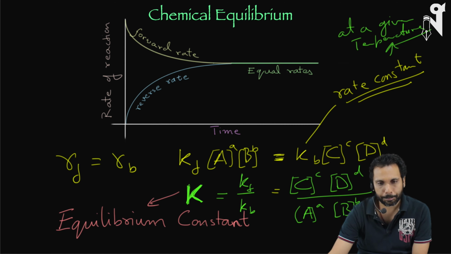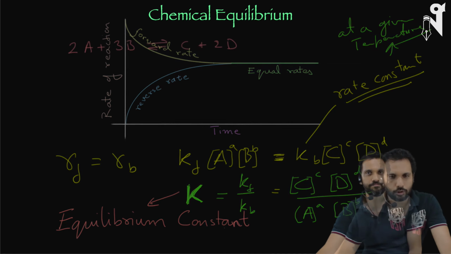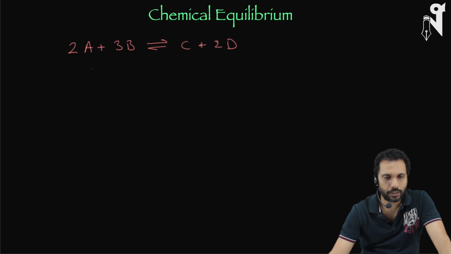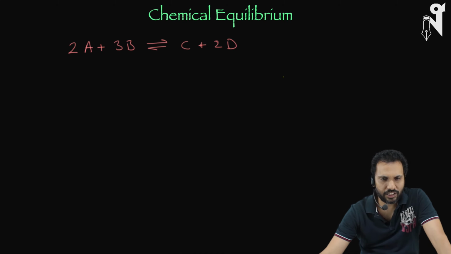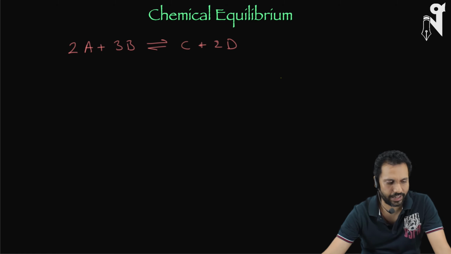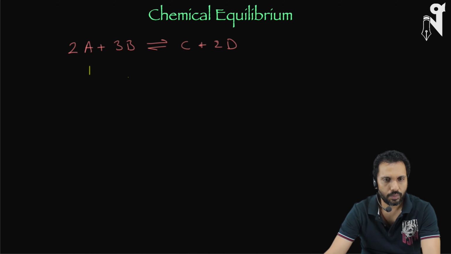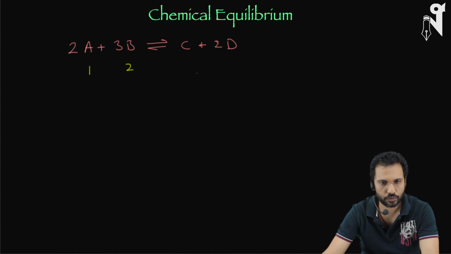Let me just ask you one thing to make this concept clear. Suppose there's a hypothetical reaction at equilibrium, and it is given that at equilibrium the amount of A is 1, the amount of B is 2, the amount of C is 4, and the amount of D is 2 again.